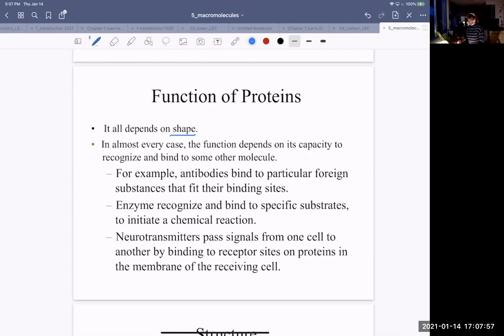In almost every case, the function depends on the capacity to recognize and bind to some other molecule. So in the case of hemoglobin, it's the ability to bind to oxygen. So e.g., hemoglobin to oxygen.